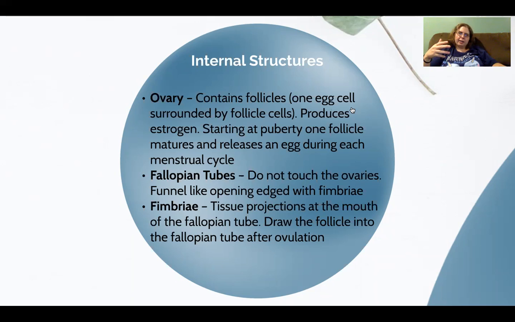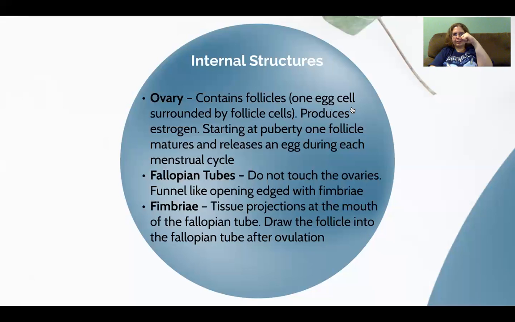The fimbriae are these little tissue fingers. I mean, they're not actual fingers, but they kind of jut out like it. They're at the edge of the fallopian tube, and they will draw the egg cell into the fallopian tube after ovulation.